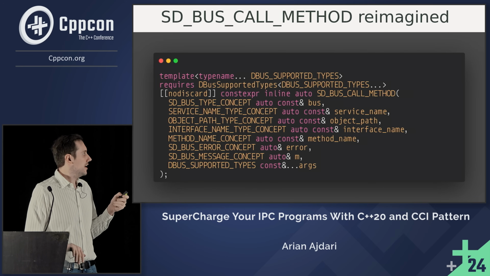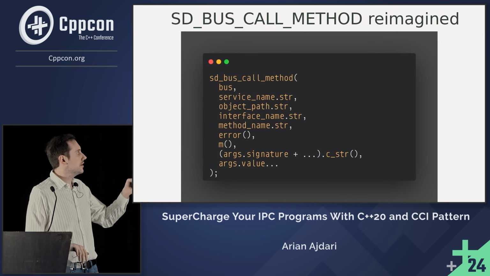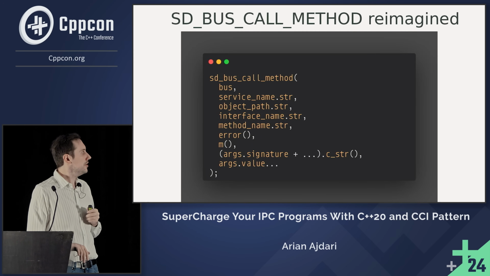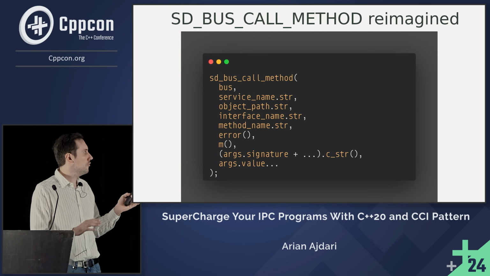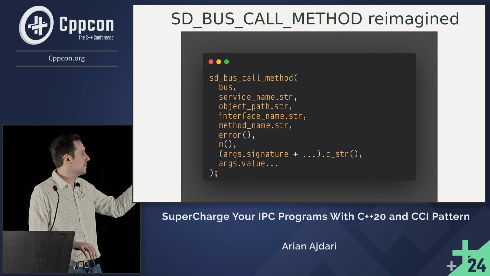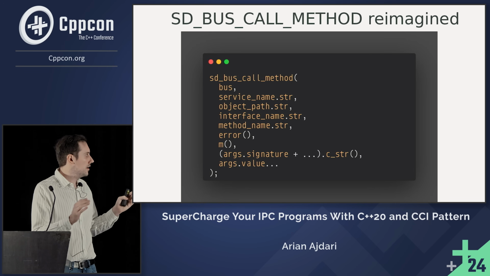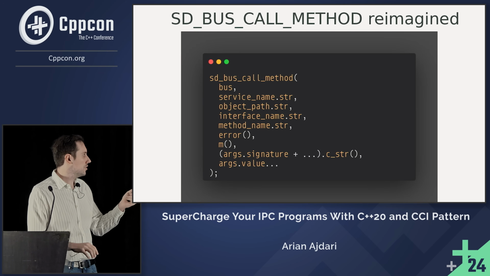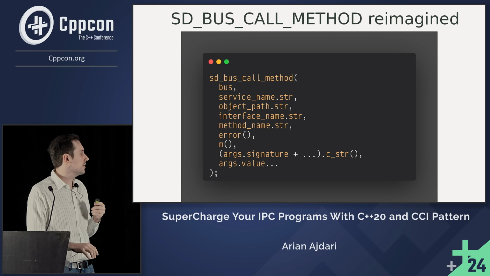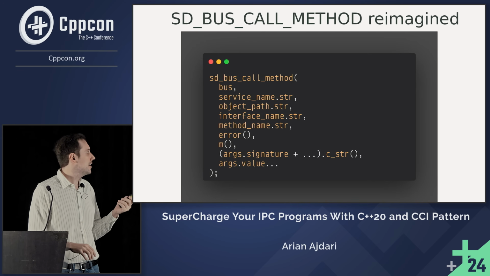So what this function actually does is it returns the lower level sd-bus call method and passes all the parameters as it did before, but instead of providing the const signature, the signature is taken, unloaded, and then it's cast to C const char.